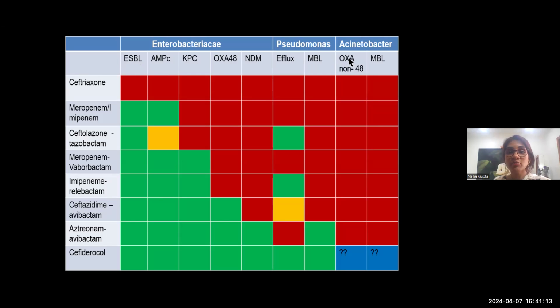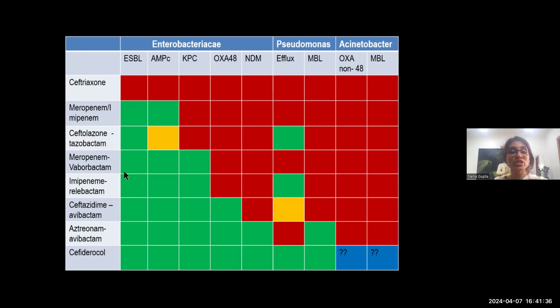Here, this is a table which briefly summarizes the various beta-lactamases as well as the antibiotics which can work against these beta-lactamases. Ceftriaxone is hydrolyzed by the ESBL and the AmpC beta-lactamases, and meropenem acts against the ESBLs as well as the AmpC beta-lactamases.